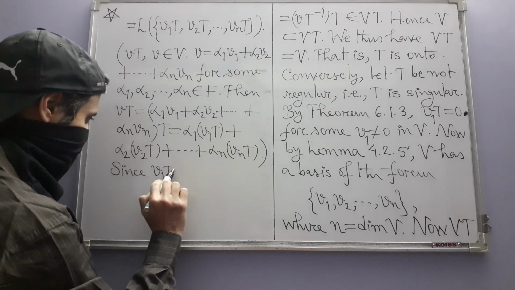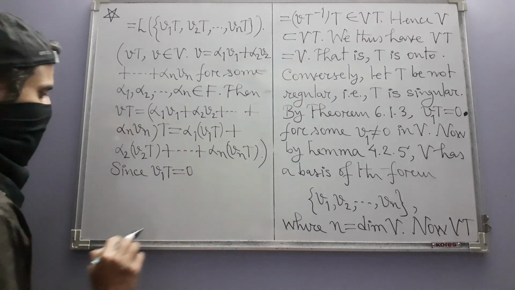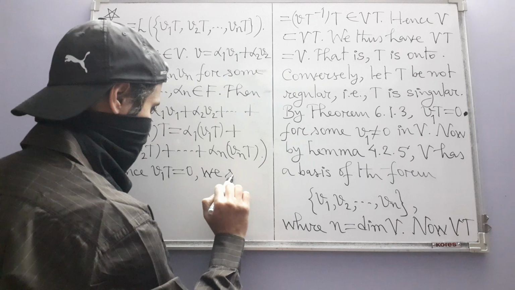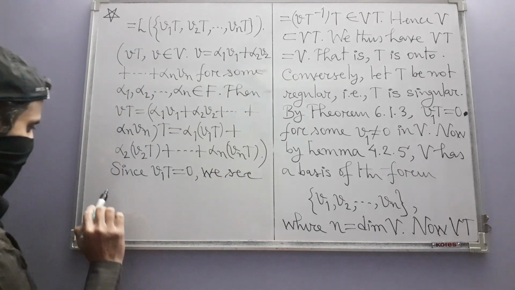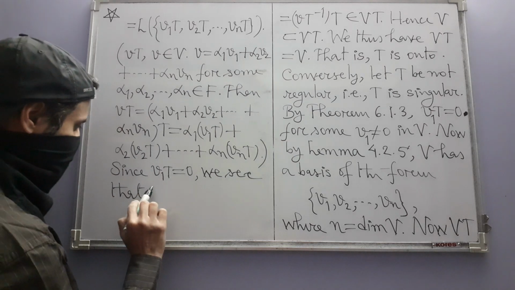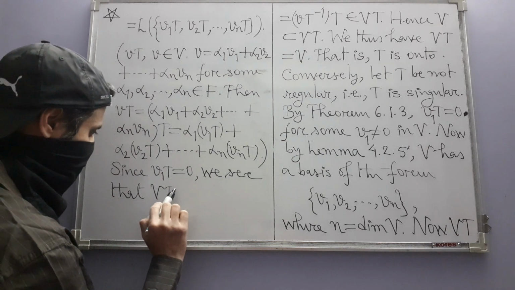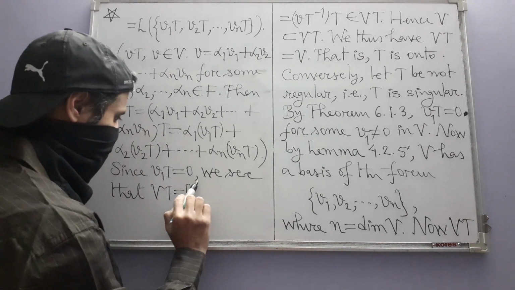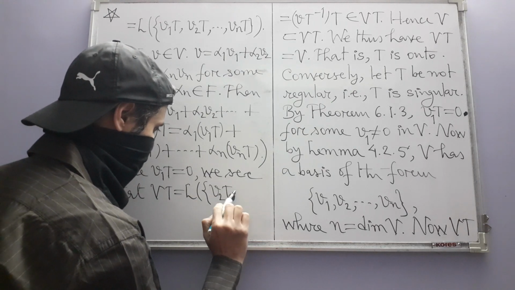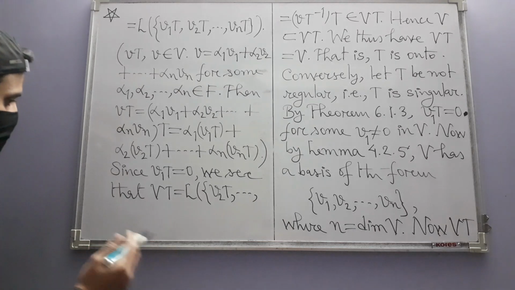Since V1t is equal to 0, we see that Vt is also spanned by the remaining vectors.